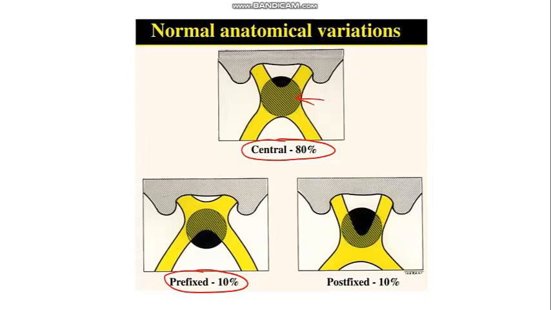So if the question is asked that there is a prefixed optic chiasma, meaning the crossing is taking place before the pituitary gland, a tumor will affect what? It will affect obviously the optic tract. And if the crossing is behind the pituitary gland, postfixed, meaning the crossing is taking place behind the pituitary gland, in this case the pituitary gland tumor will affect the optic nerve. That is an extra point regarding optic chiasma.